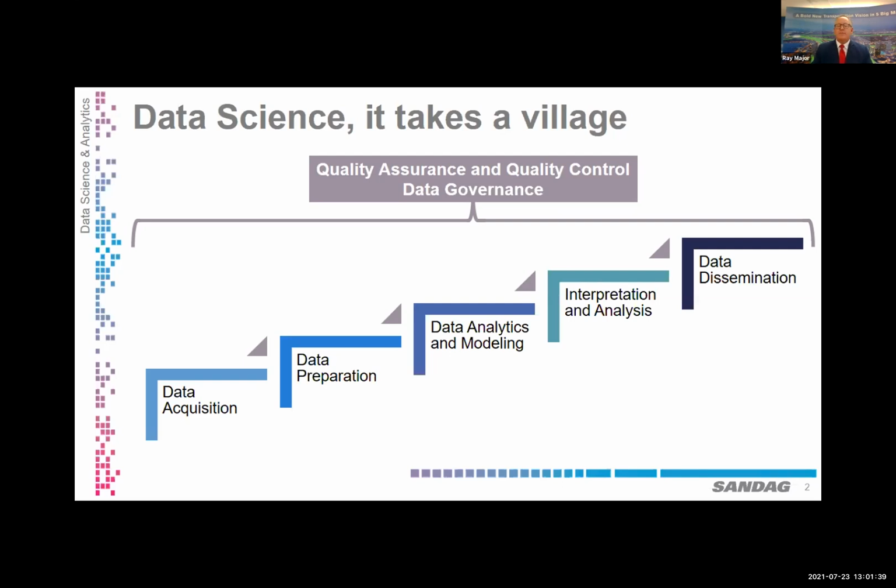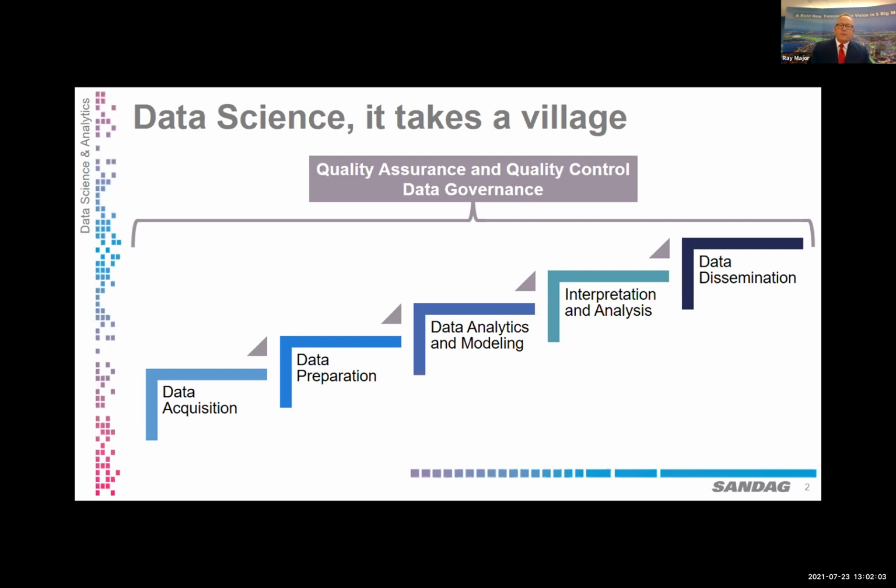It includes everything from the acquisition and the licensing of certain data sets to preparing those in a way that we can actually use those for analytics. It includes all of the data and modeling. A lot of that is custom software that we write, for instance, for our transportation models that help calculate our GHG and VMT interactions.